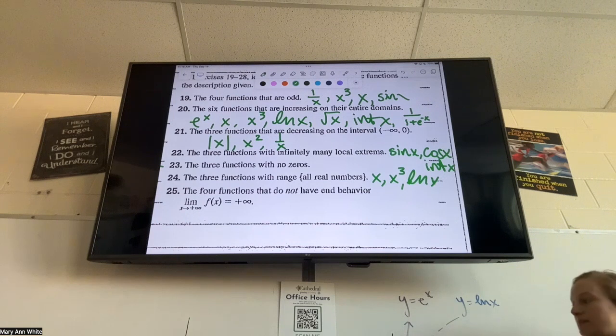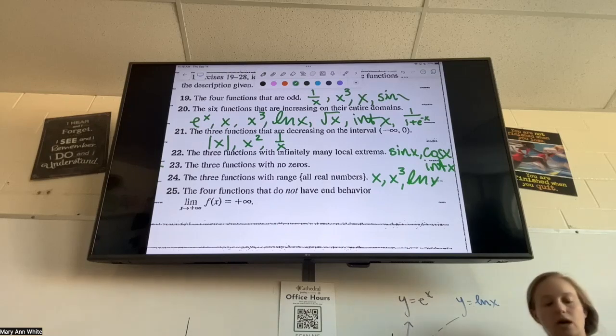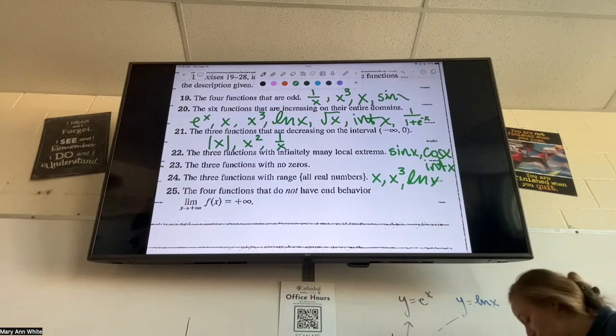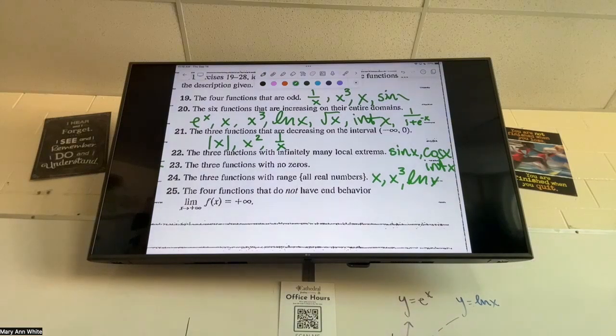So when I think of one, I think of the other because they have a lot of common similarities. Exponential's range doesn't have any negative numbers, but its domain is all real numbers. Vice versa with my natural log, its domain is just positive, but its range goes from negative infinity to positive infinity. So that is one of my ones that has a range of all real numbers.